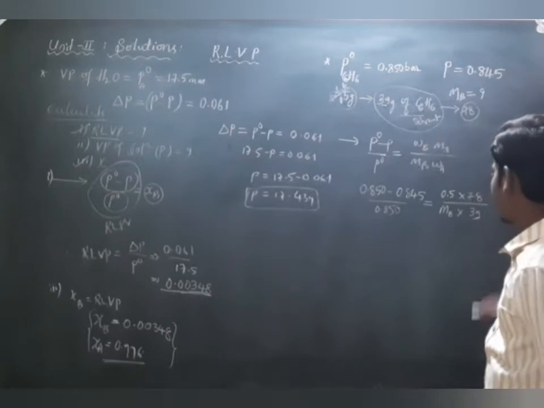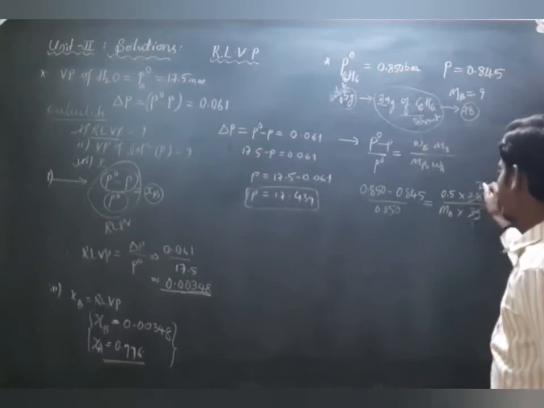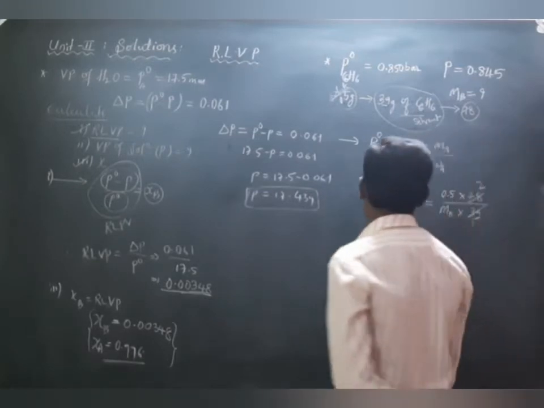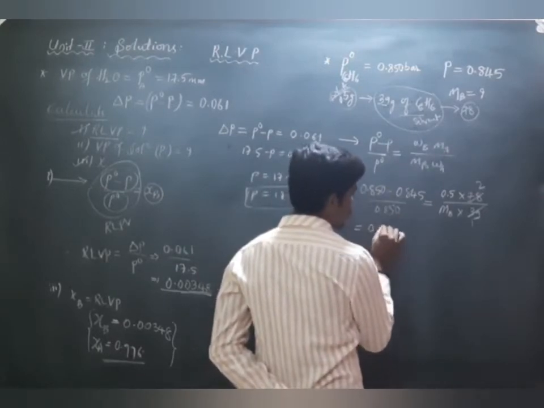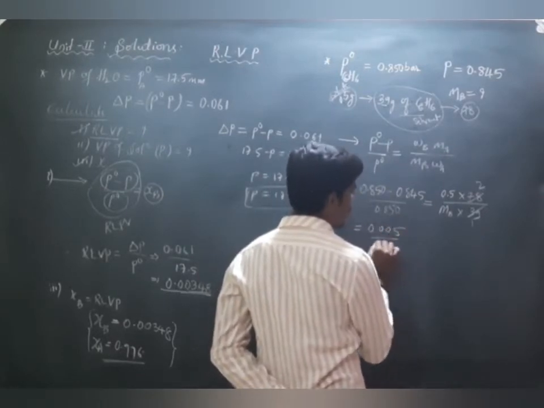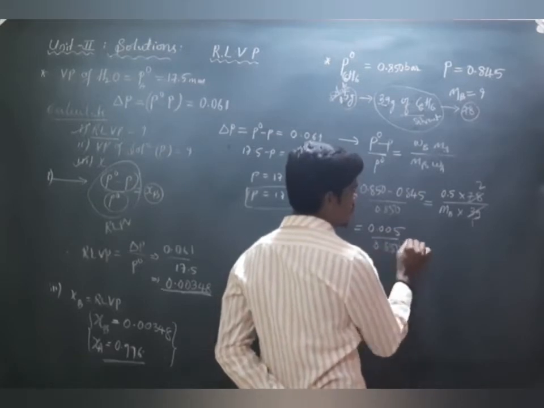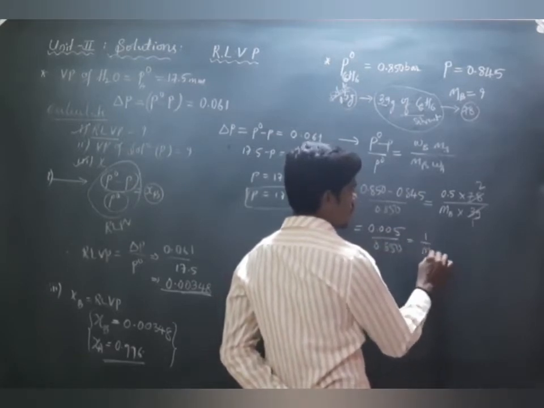Now simplify. 39 ones it is 2 into 2.5, that is 1 by MB is equal to 0.850 minus 0.845, that is 0.005 divided by 0.850, is equal to 1 by MB.